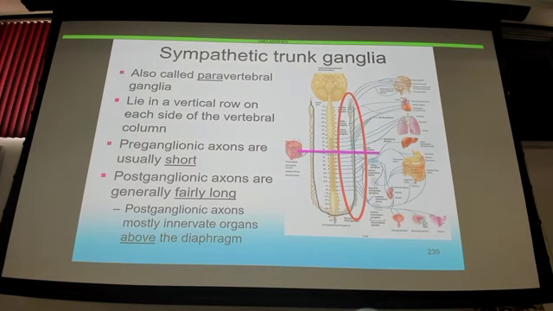But we still have to get out to our effectors, and I'll explain this more as we go on. Remember, autonomic systems have two neurons in sequence, a preganglionic and a postganglionic. So if your preganglionic axon is very short, but you still need to get out to your effector, that means the postganglionics are going to be very long in the sympathetic system.